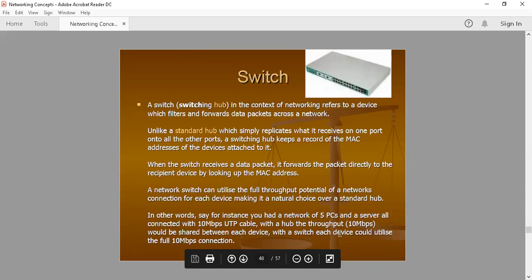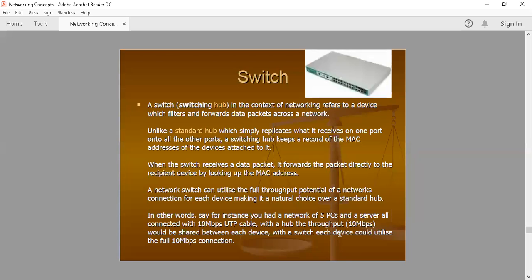Here, a switch in the context of networking refers to a device which filters and forwards data packets across a network. A switch functions as a filter and as a transmitter to forward the data packets across the network.